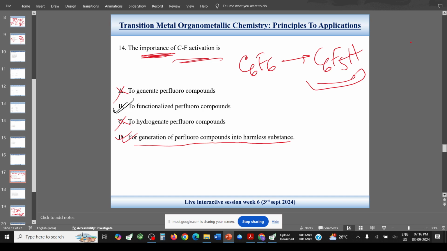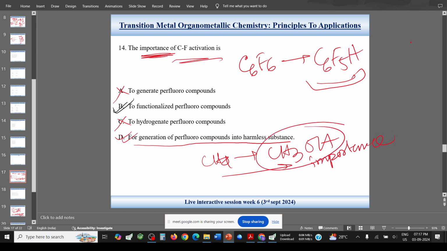Application may be anything, whatever may not be important to you. Just like we are converting, let's say, CH4 to CH3OH, methane to methanol. This is importance because methanol is a very valuable chemical. We can convert it easily to many other products.